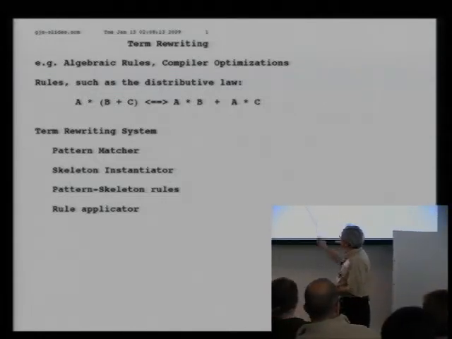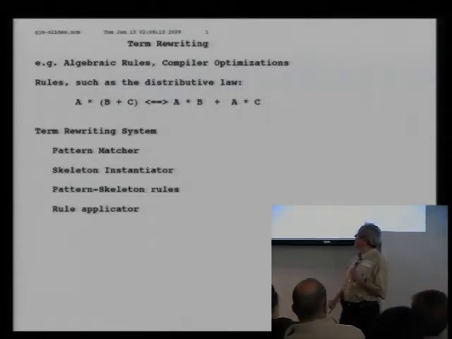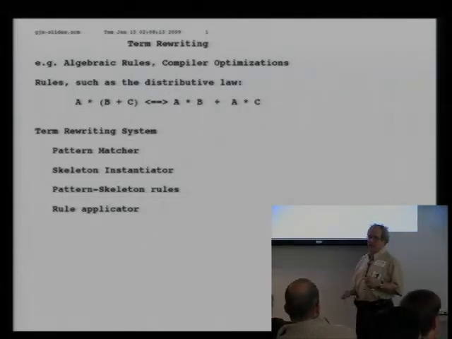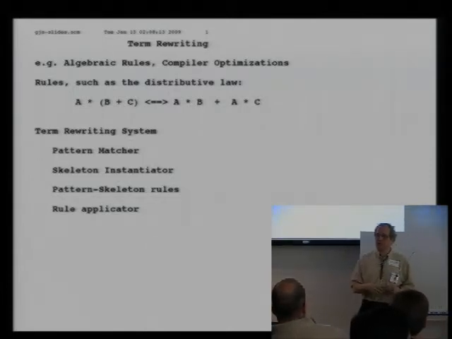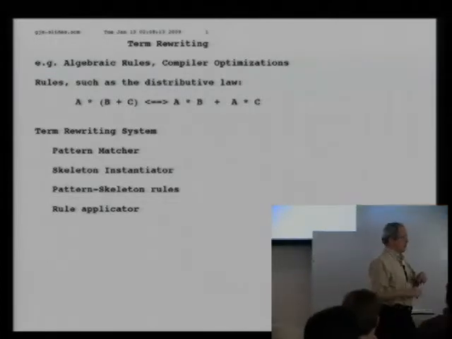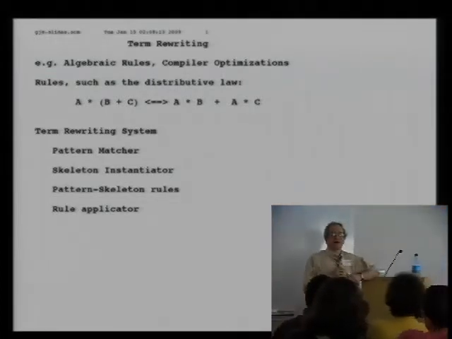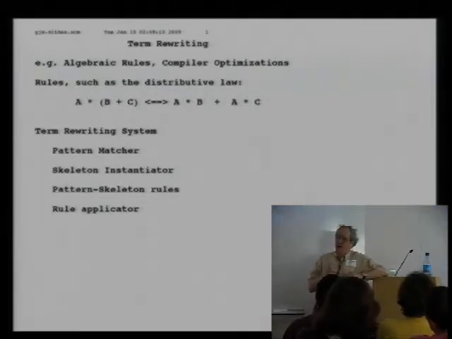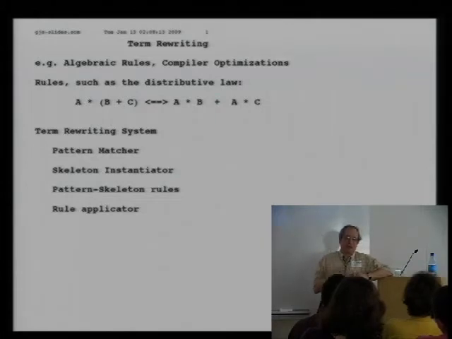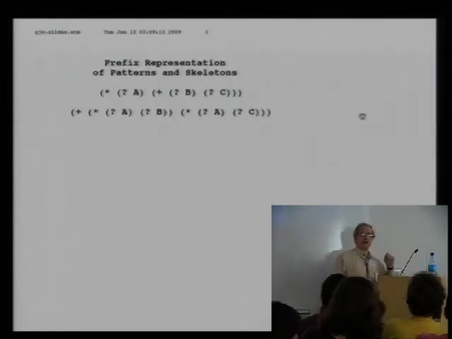These are joined together in pattern-skeleton rules, and then there's something that controls how this is done. There's a controlling system. And the place I want to start today is the pattern matcher, because that's going to show the interesting property that I want to get across here.